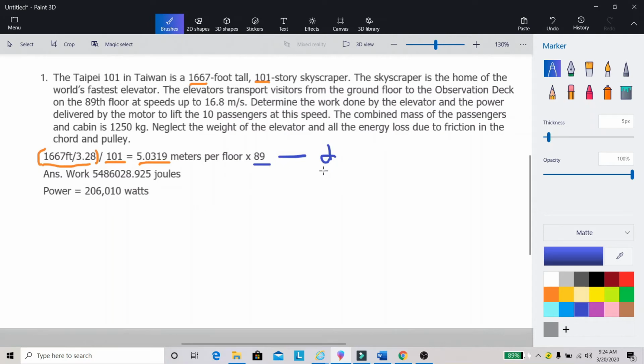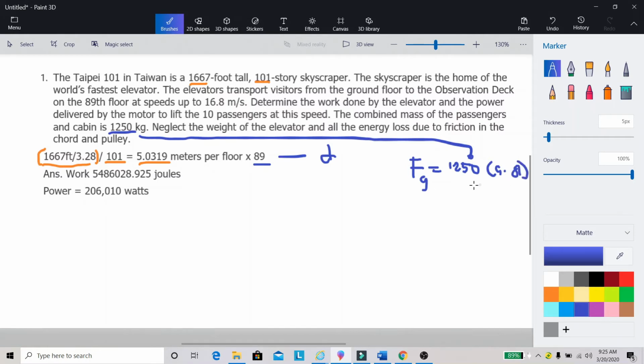Pagka nakuha mo yun, yung work naman, yung mangyayari dyan, yung force will be just the force of gravity. Yung force of gravity parang given dito 1,250 times mo sa 9.81, okay? So ito yung will be force of gravity times 9.81. Magkakaroon ka dyan ng newtons. 1,250 times 9.81.